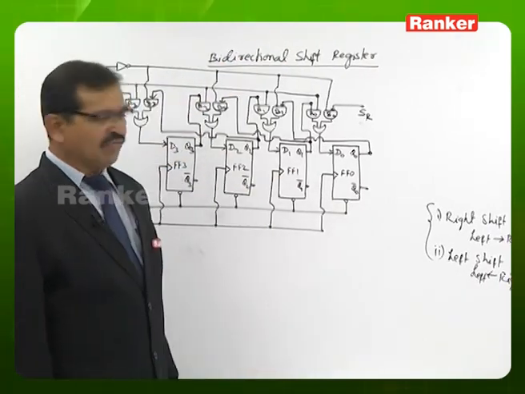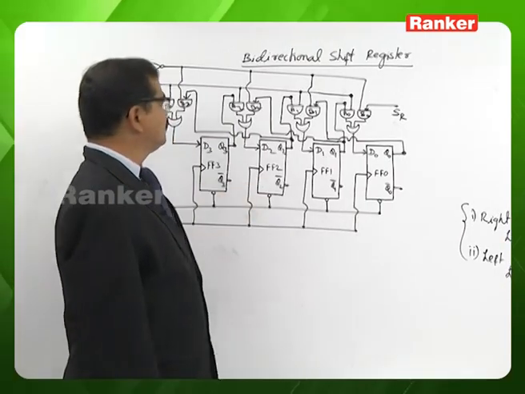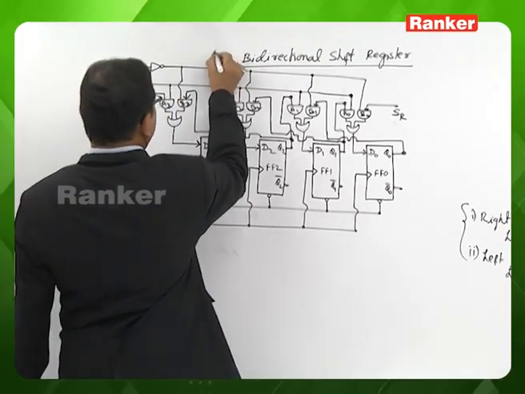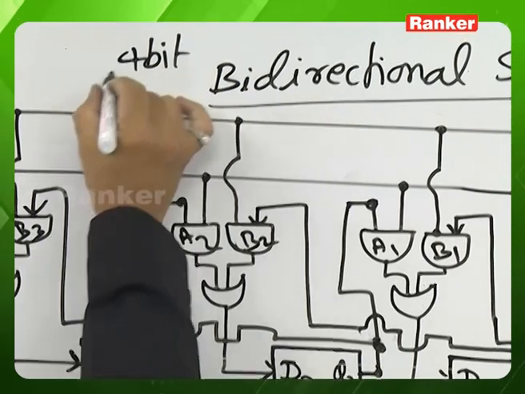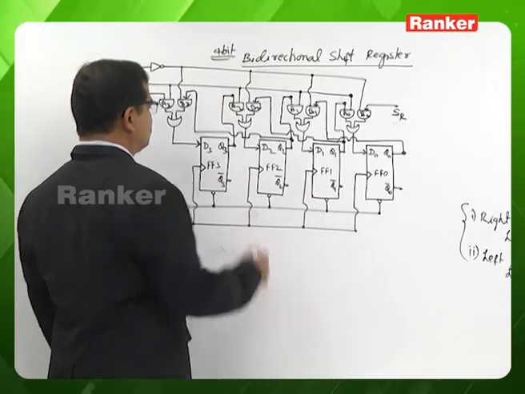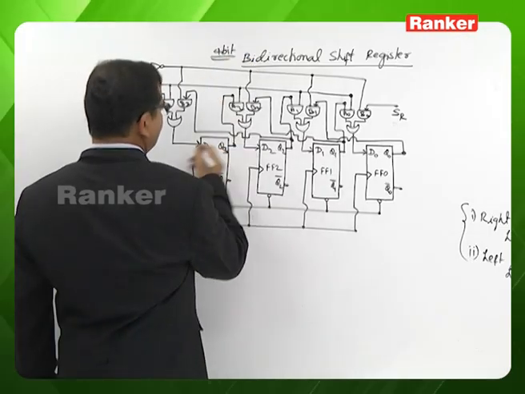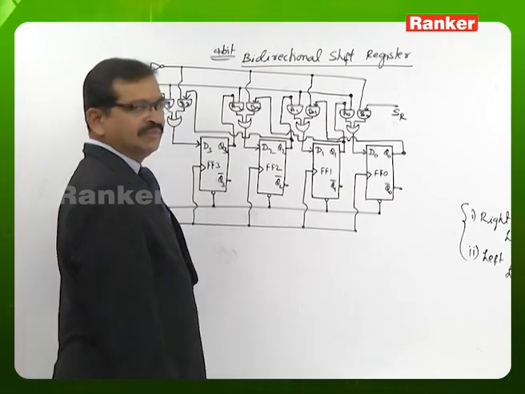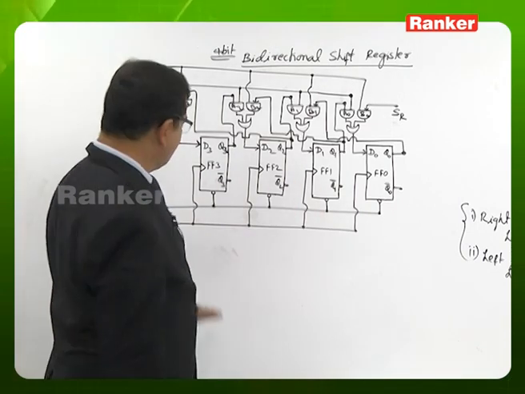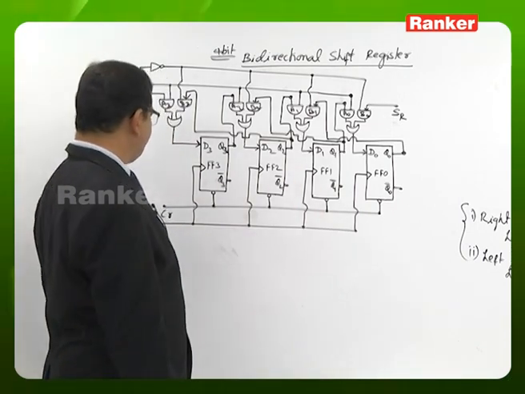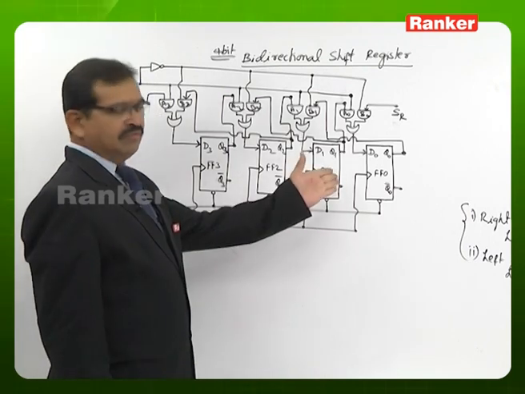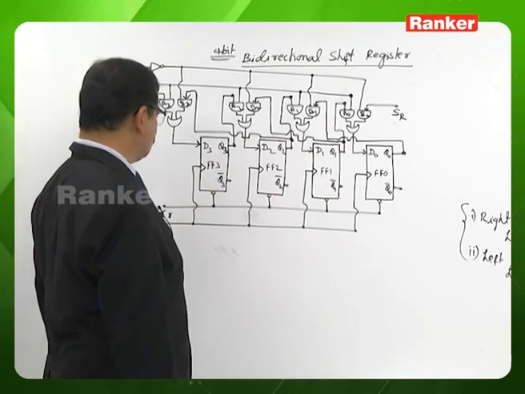Let us look at an example of a 4-bit bidirectional shift register. In this 4-bit bidirectional shift register, we are using D flip-flops. All the flip-flop clear terminals are connected to a common terminal, and of course we consider the flip-flops to be positive triggered.